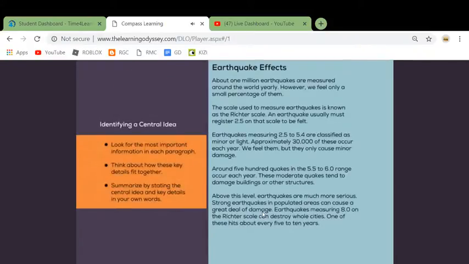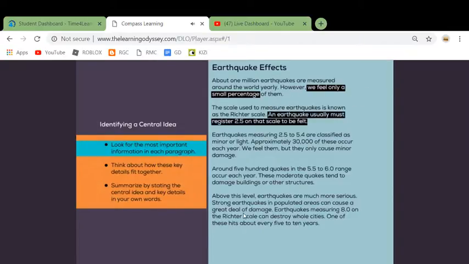Ready? On the left is information about identifying the central idea. On the right is our text. Let's begin by looking for the most important information in each paragraph. The first paragraph says that we only feel a small percentage of earthquakes. The second paragraph explains that we only feel earthquakes that register at least 2.5.